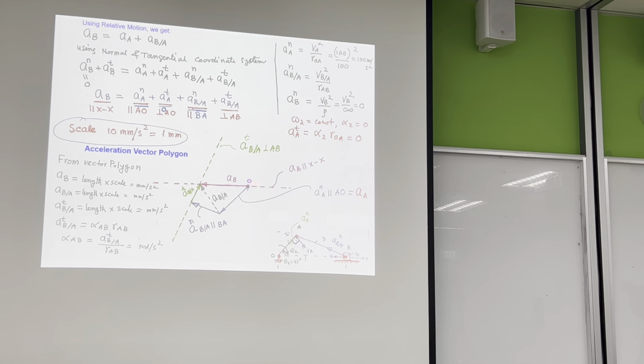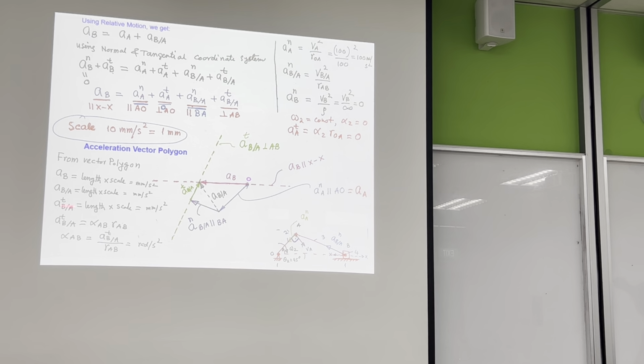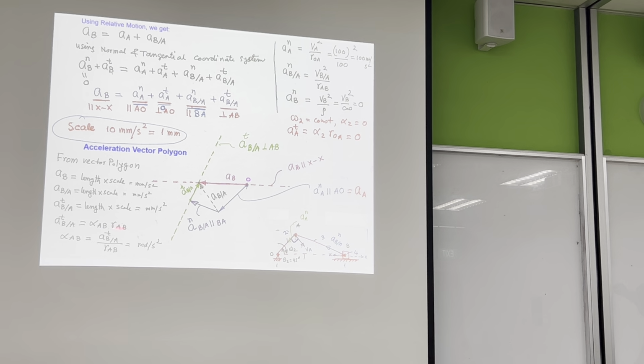Then we can also find the angular acceleration, because ABAT, I think I wrote that equation somewhere, okay, I deleted it. So our ABAT equals alpha AB, the angular acceleration of the connecting rod, times RAB, which is the 400 millimeter, and from there we find our alpha AB of the connecting rod. Everything done within a fraction of a second. Now, is it clear to everyone how we did it?